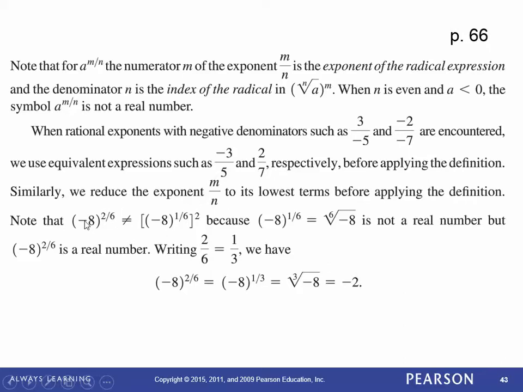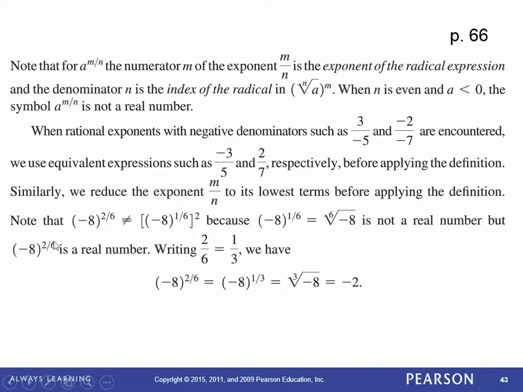So the wrong way to do it: negative 8 to the 2/6. Well, we technically should have reduced this first. But if you didn't, then you would have been taking a sixth root of negative 8, which then becomes not a real number. The only problem is, if you put this into a calculator, it actually will give you negative 2 as the answer.